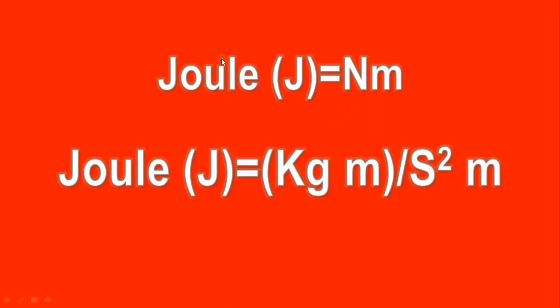Let me write over here that force is defined as F is equal to ma. And you know that m is the mass in kilograms, and a is the acceleration.